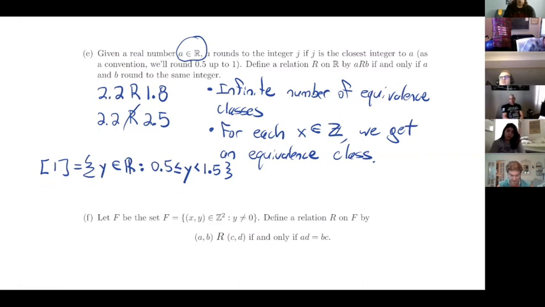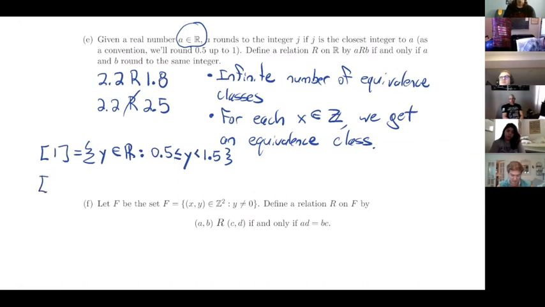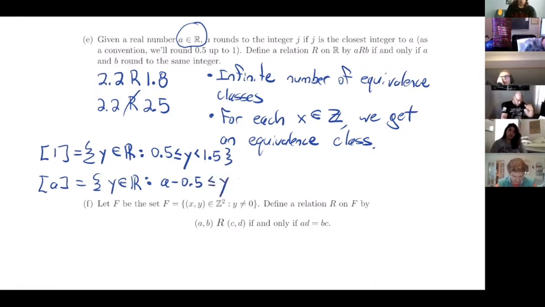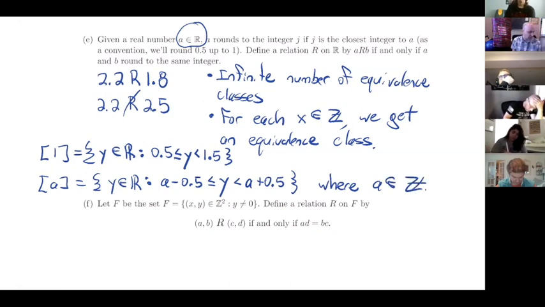But so for us, these equivalence classes are going to look like, for any real number A, the set of all real numbers where we start half a unit below, we include that, and we go up to, but not including, half a unit above. Where each of these things is representing an integer.